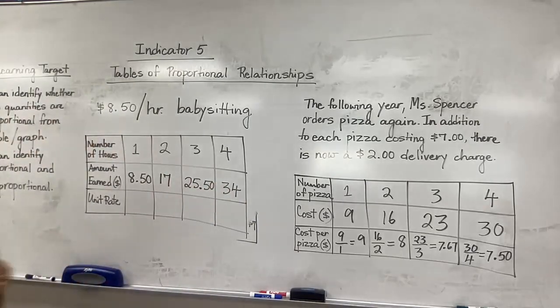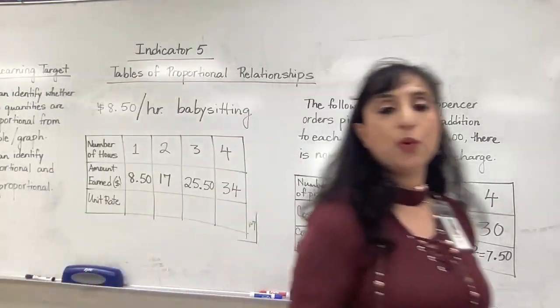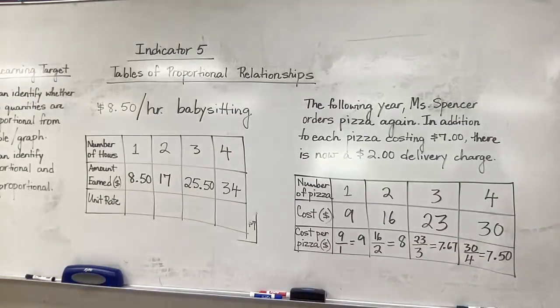Okay. Now, you can check proportionality over here by writing each ratio with the same denominator. The most efficient denominator is 1, which is also the unit ratio.